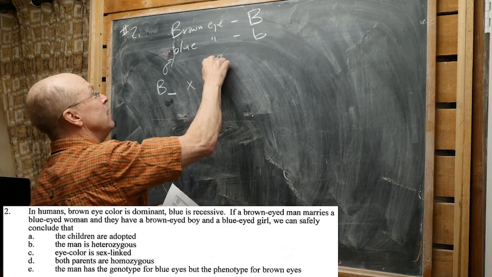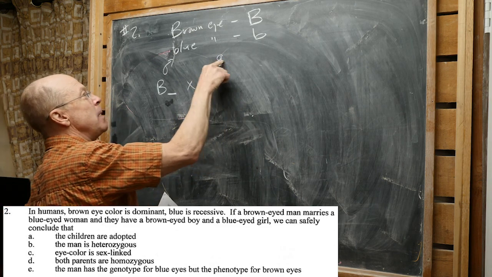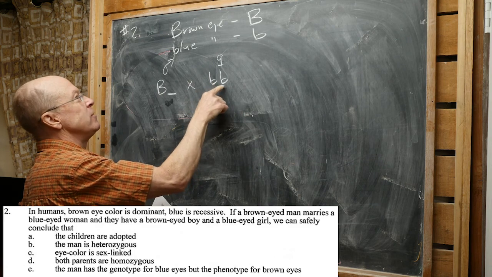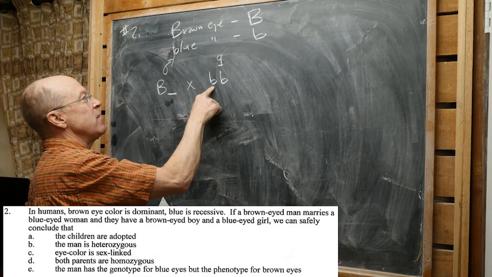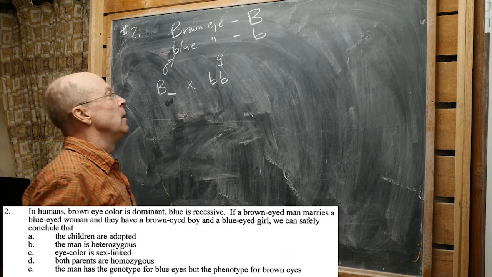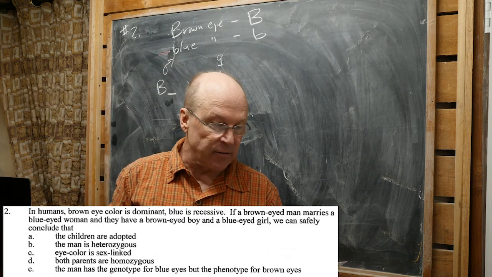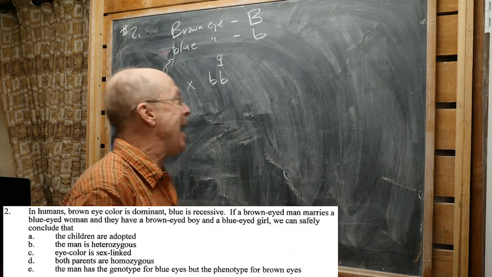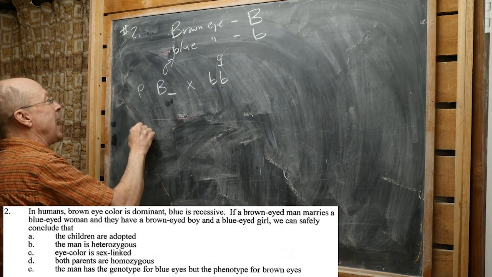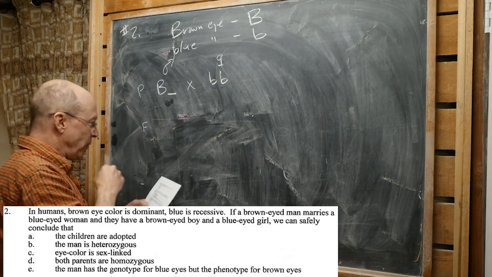Now that's easy. So I put female up to indicate woman, and then I know that if she's blue-eyed, according to everything given to me, that she's clearly homozygous recessive, right? And that's the parents, and in the F1s, here's what they have.